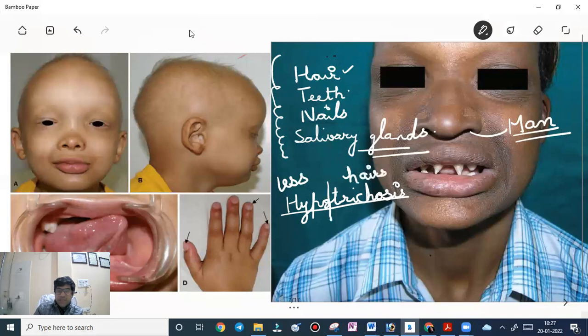So there will be less hair. There will be little hair or no growth of hairs on the body. What you can see in this picture is the hairs on the scalp are scanty, that means they are very less.